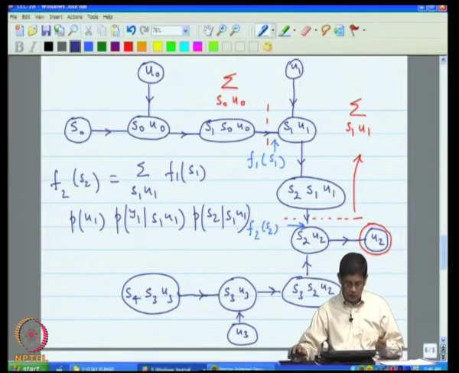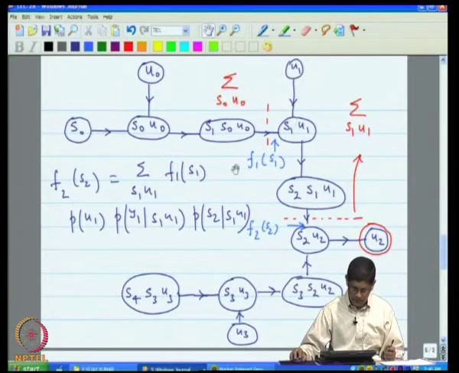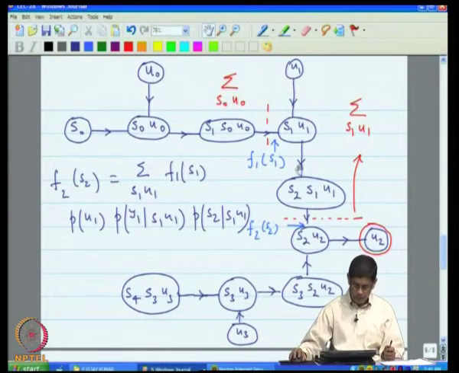Okay. So, you see that these are just simply the local kernels. F1 S1 is the incoming message here, U1 is the local kernel here which becomes the message here. The local kernel at this node is precisely this and the local kernel here is this, because the product of these three is the message here and then you have the local kernel as well. All right.